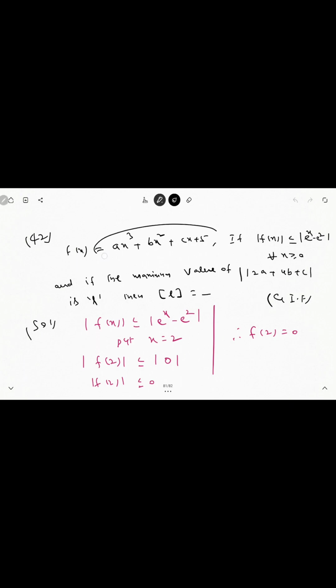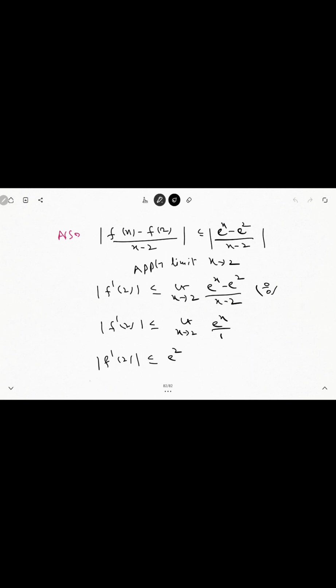F dash 2 means, look at this derivative. What is this? 3ax square plus 2bx plus c. In that, for x substitute 2. So automatically you will be getting 12a plus 4b plus c, the required one only, is less than or equal to mod e square. No problem, you can remove modulus, e square is positive.